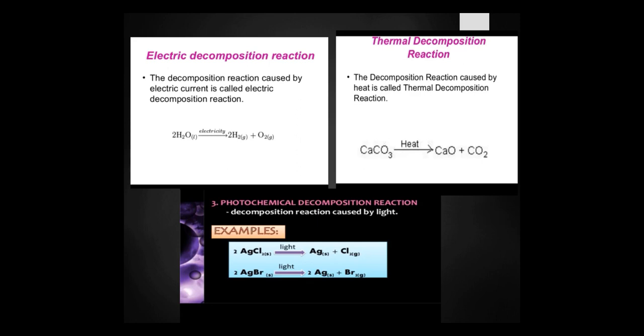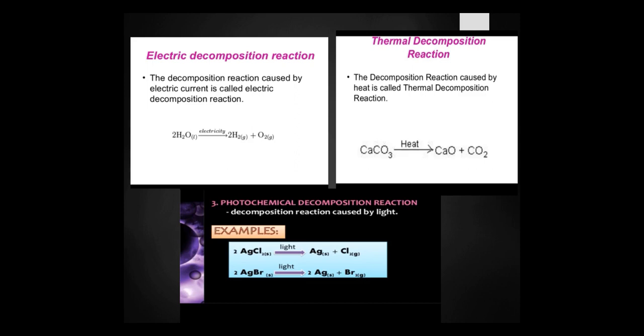Whenever the reaction takes place in which the compound breaks down on heating to form two or more simpler substances, that type of decomposition reaction is called thermal decomposition reaction. It is the decomposition reaction which is caused by heat. I have given you the example CaCO3.